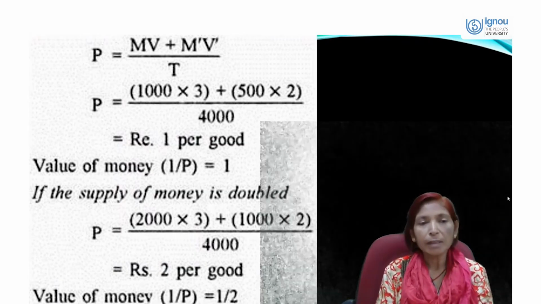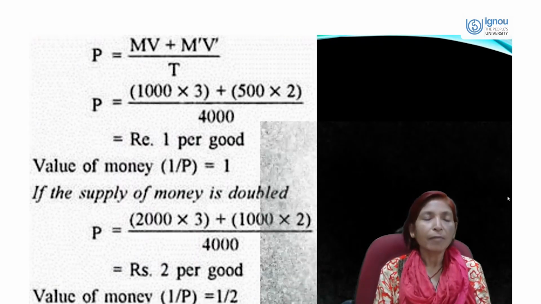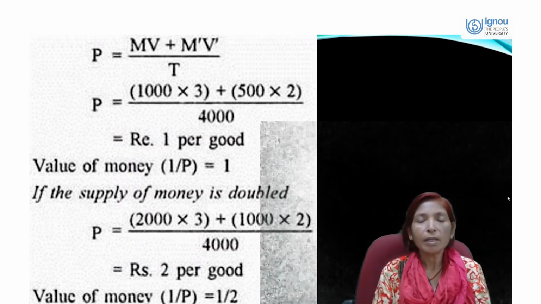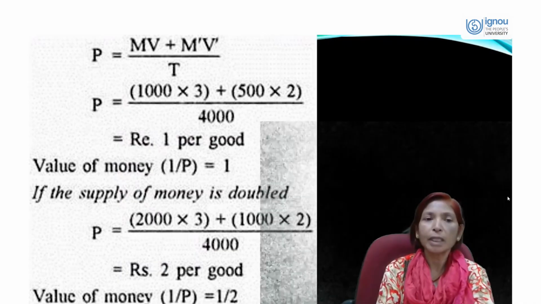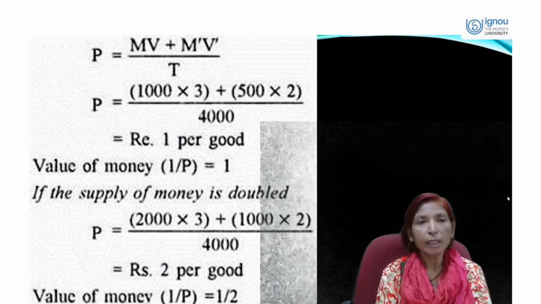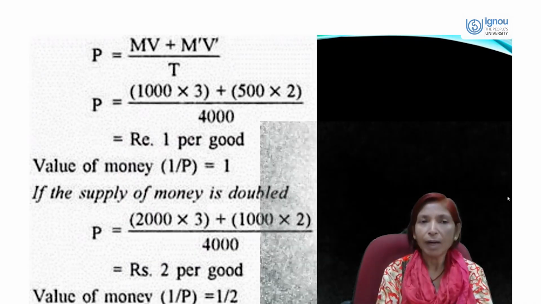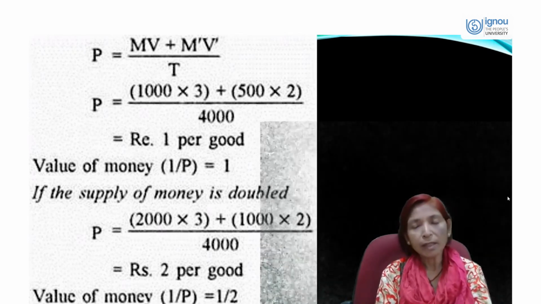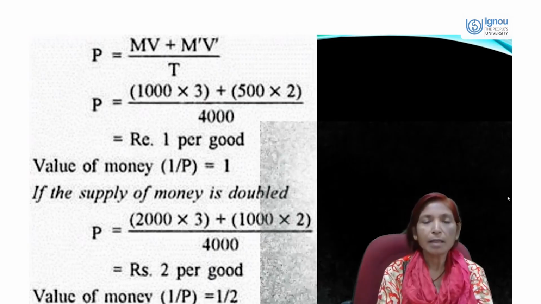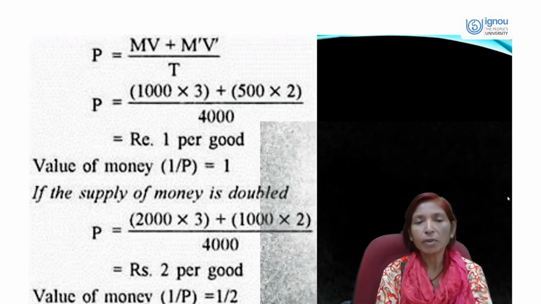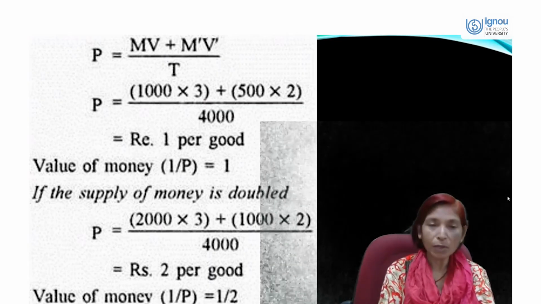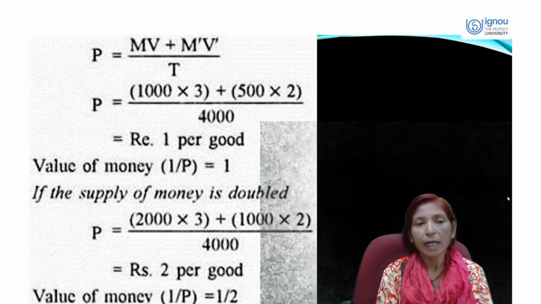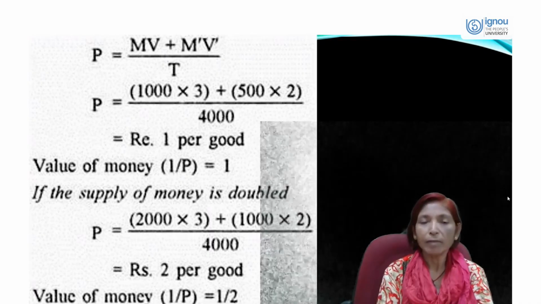For example, if the value of M is 1000 and the velocity of money is 3, then 1000 into 3, plus M' is 500 and V' is 2, so 500 into 2, divided by transactions, which is 4000. If all values are given, you can put them in this equation and find the price level.